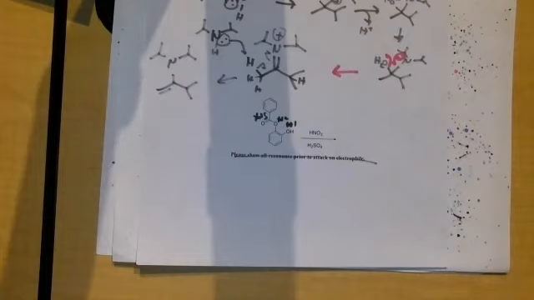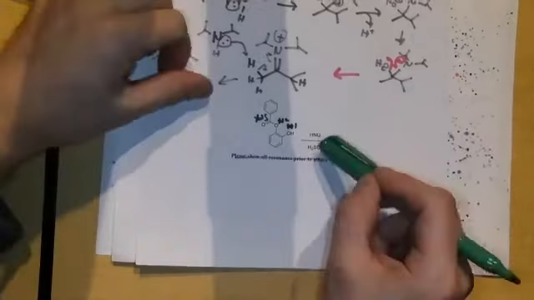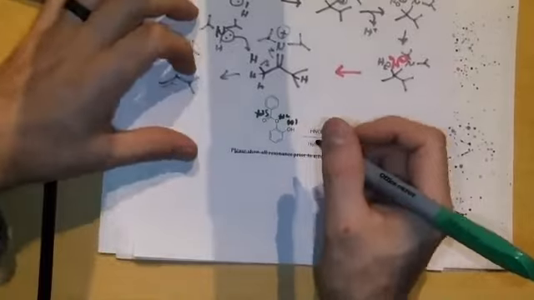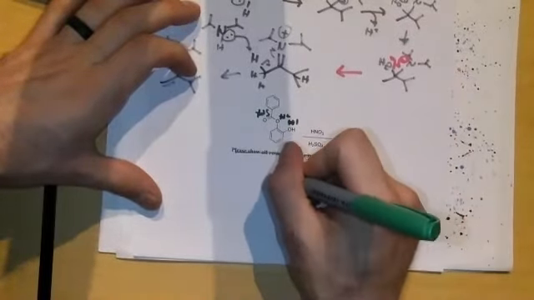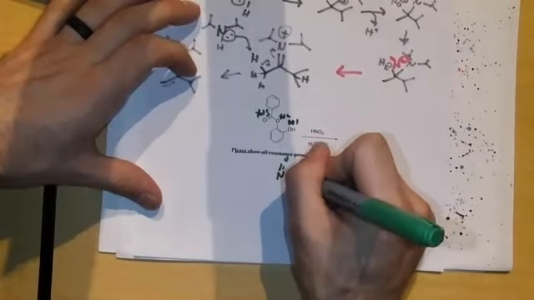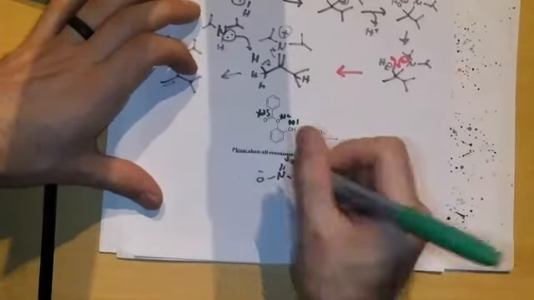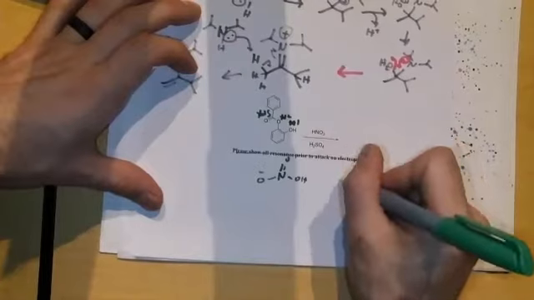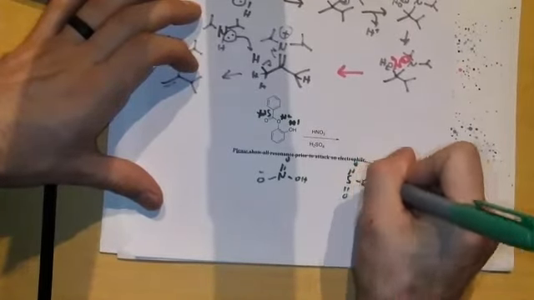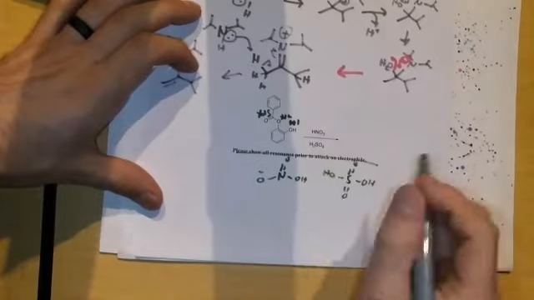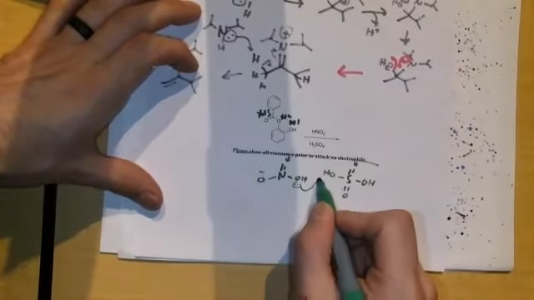We need to make an electrophile. Or sorry, we have these 2 compounds here. So let's combine them to make our electrophile. We have HNO3 and H2SO4. You can pick up a proton.